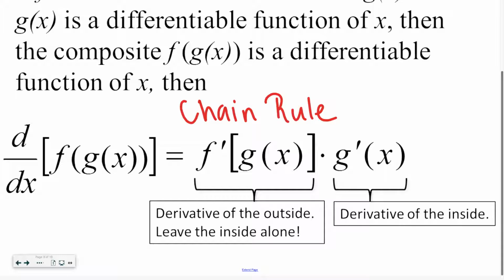You have to practice this. It looks simple as I write it up here. But every composition is different. Okay? Our process for the derivative is the same, but composition functions aren't created equal.